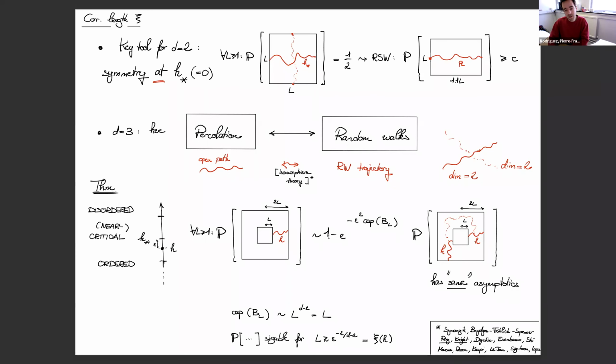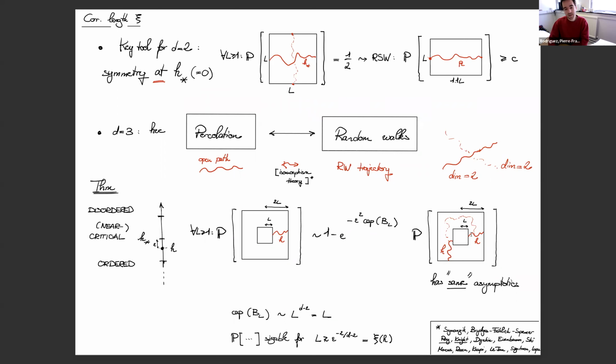What's important is that you can do this when this probability is sizable, exactly when this is of order 1. The capacity scales like L to the d minus 2, and that tells you exactly how this characteristic length scale psi should be for this to work.